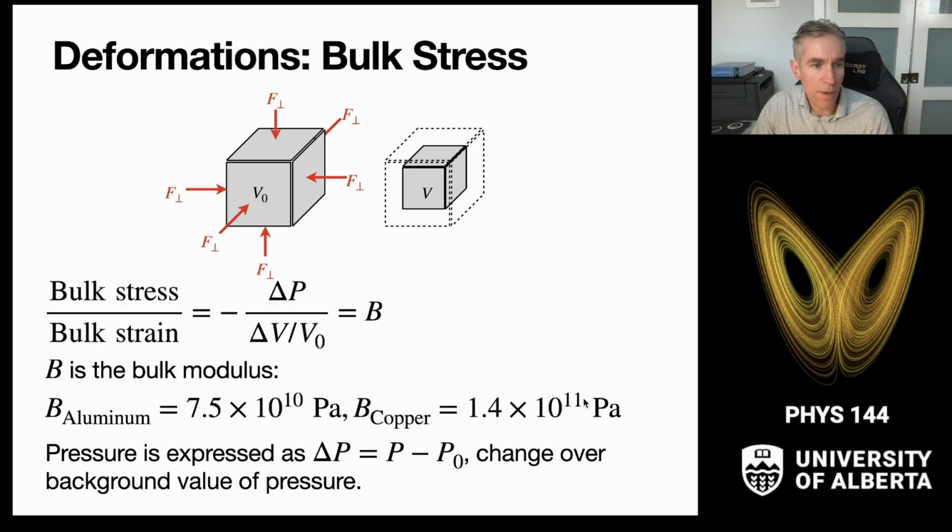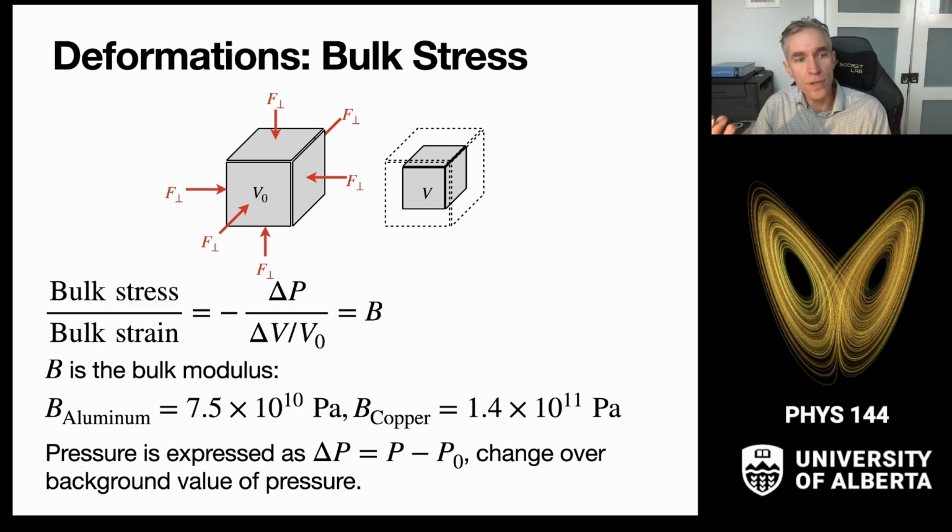Using aluminum and copper, we see that the bulk modulus of aluminum is 75 gigapascals and 140 gigapascals for copper. These are at about the same physical scale as the Young's modulus. So it's really referring to the internal forces inside the object.